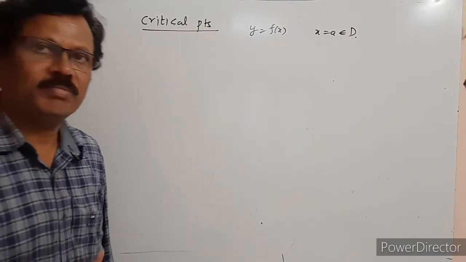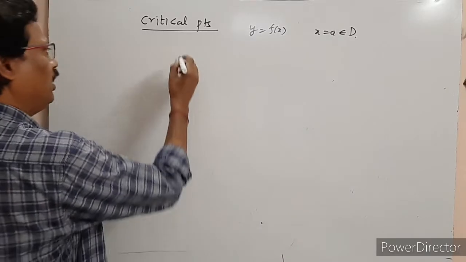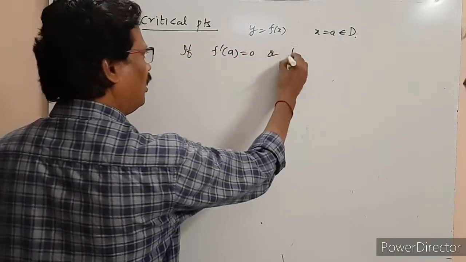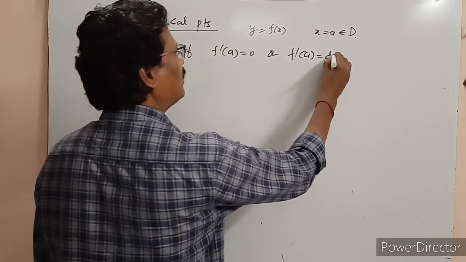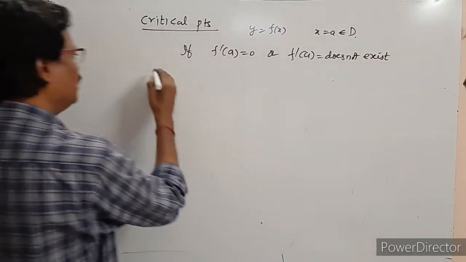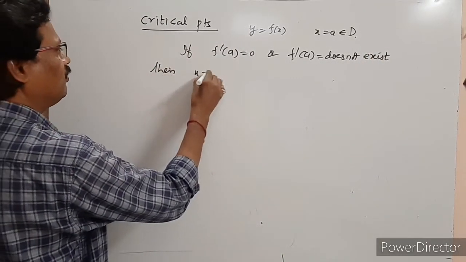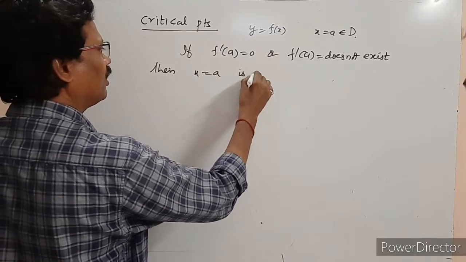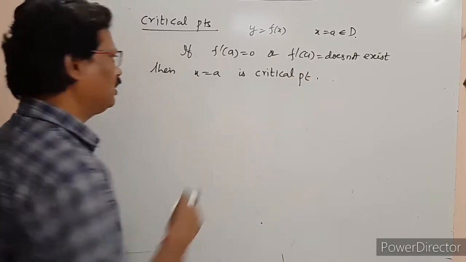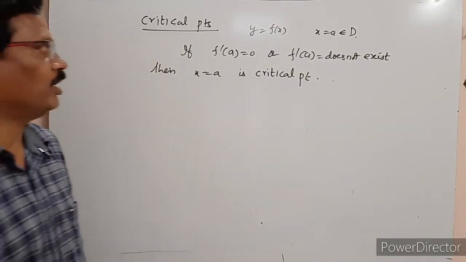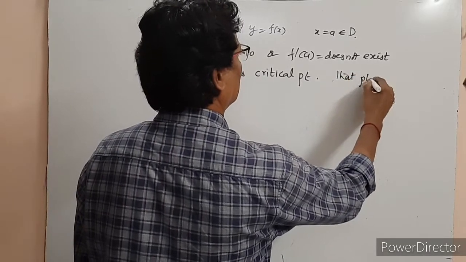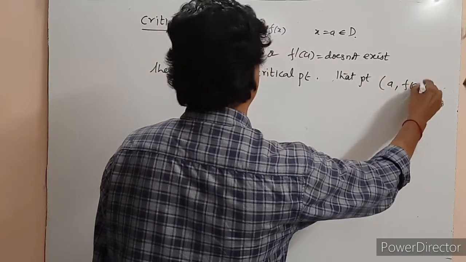At x equal to a, that belongs to the domain, if f dash is 0 or f dash does not exist, then x equal to a is a critical point. x equal to a is called a critical point. What will be that point? That point is a comma f of a.